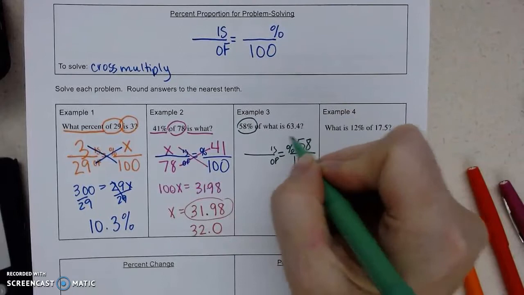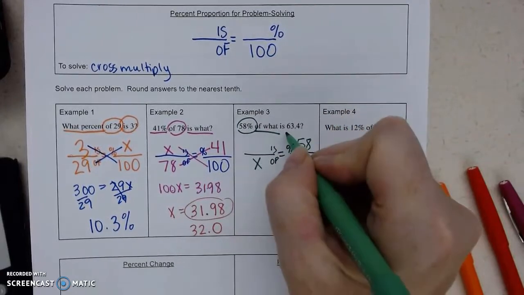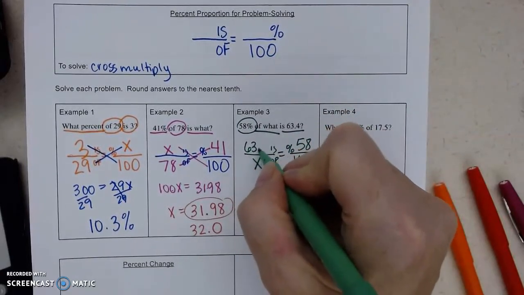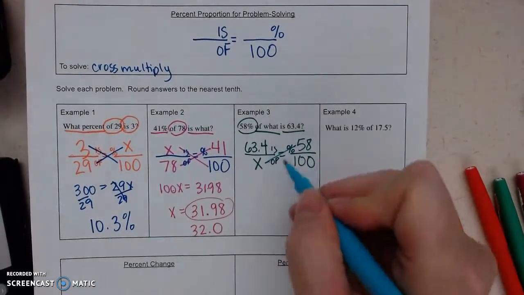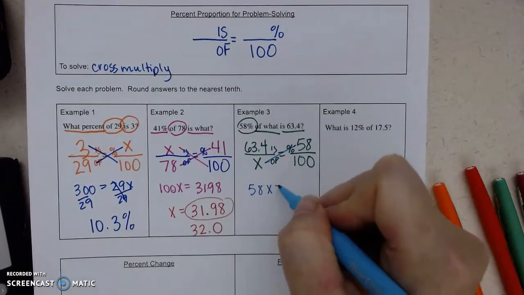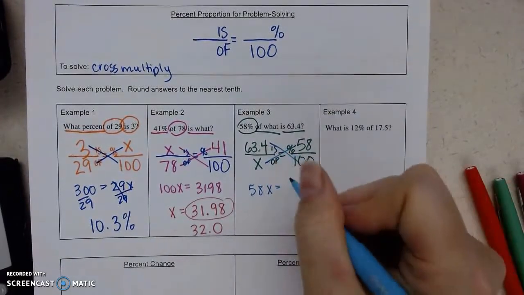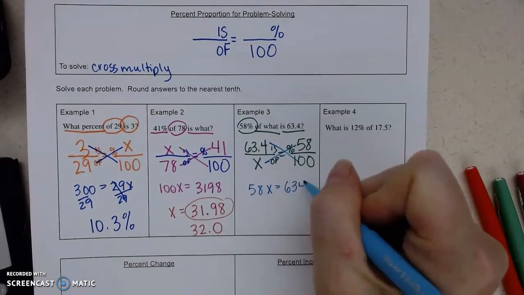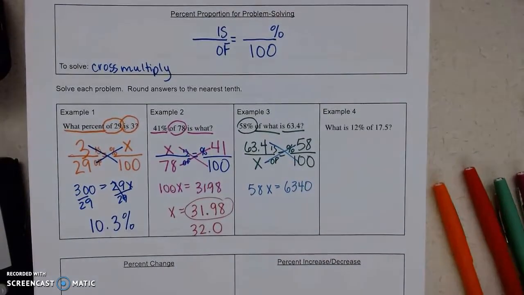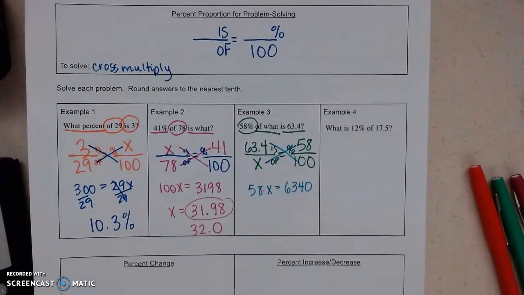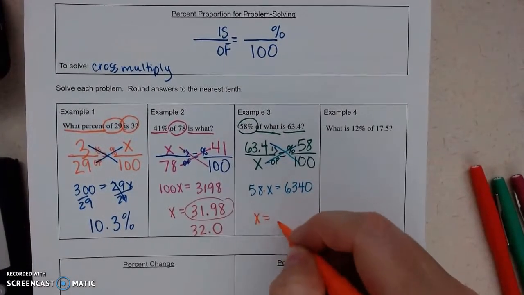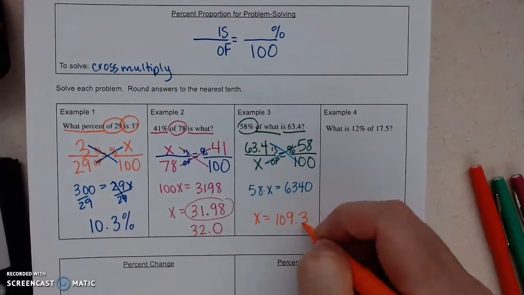58% of what is 63.4. So 58x equals 63.4 times 100. We're going to divide both sides by 58. And I got 109.3.